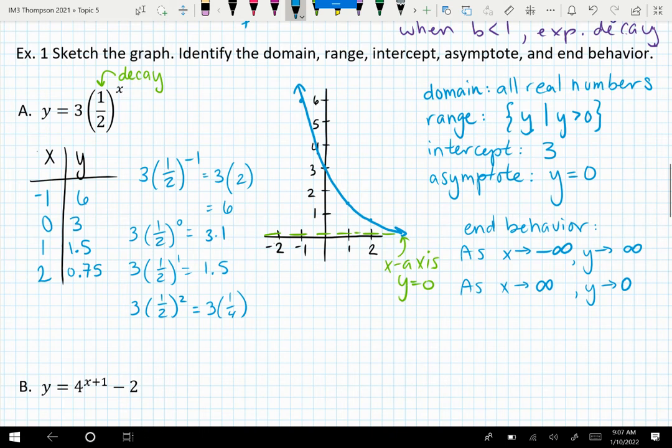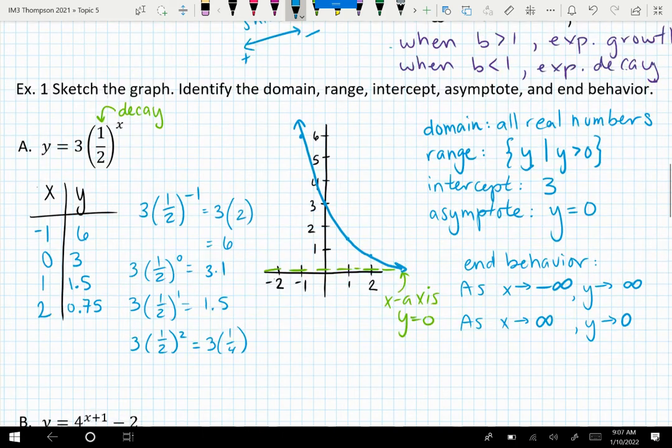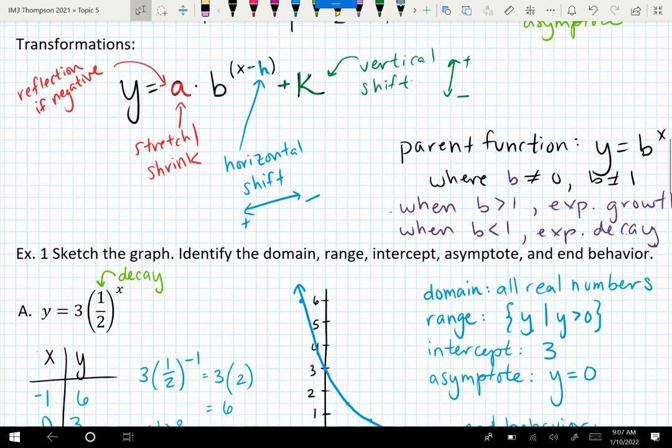What kind of transformation does this create? Well, if we look above, whenever I multiply by a number in front, it causes a stretch or a shrink. Since 3 is a number larger than 1, this causes a vertical stretch by a factor of 3.